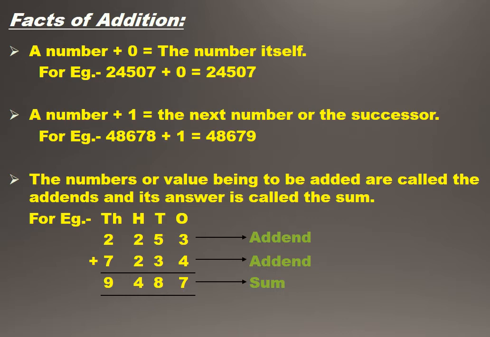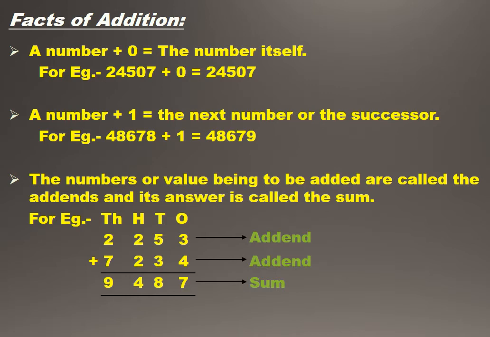For example, the number is 48,678 and we add 1 to this number. It results in 48,679. Right?